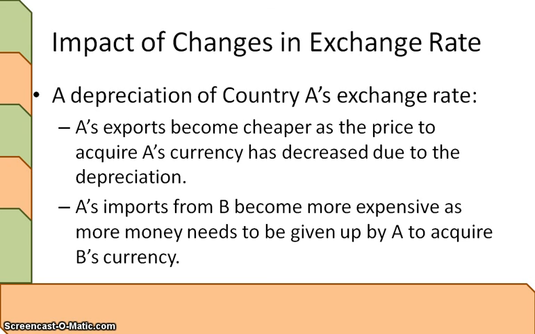The firms in country A may be able to compete better with international firms because their goods are now cheaper because of a depreciation in the exchange rate. And this is beneficial for local firms. It may cause them to gain new business partners abroad. It may cause them, therefore, to expand production and employ more workers, and this will be beneficial for an economy.